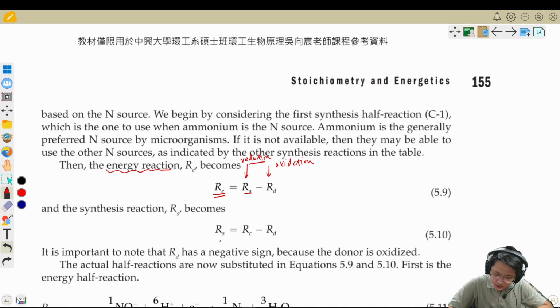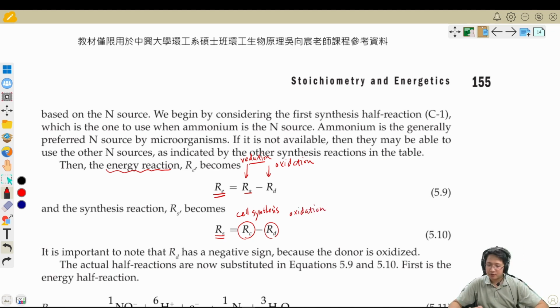And for the cell synthesis reactions, we have the cell synthesis half reactions, and also they come from the electron donor. So this is also the oxidation, as we just said, the casein converts into the biomass. So we will have these two core reactions.